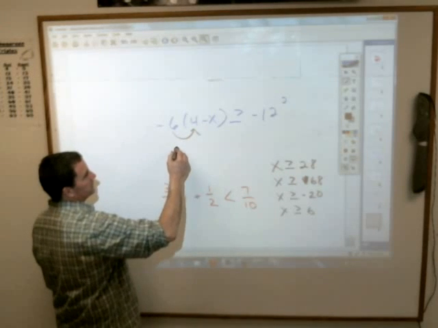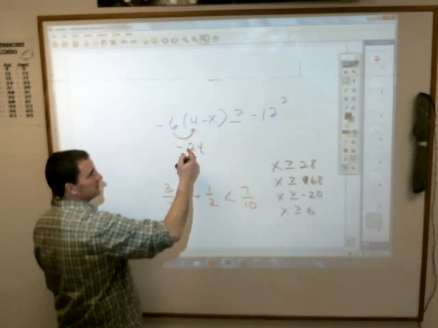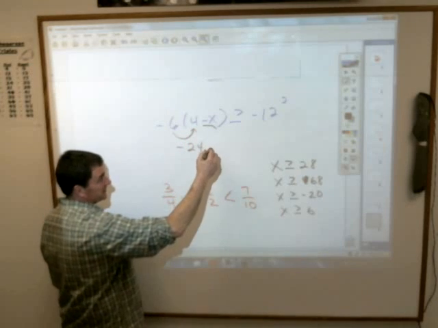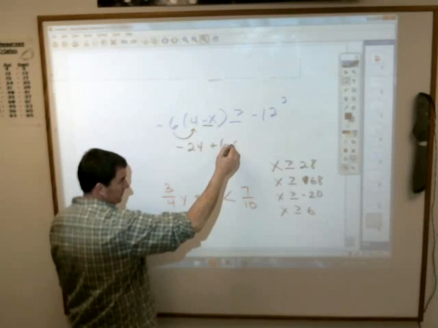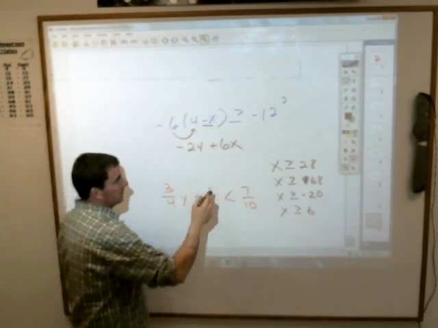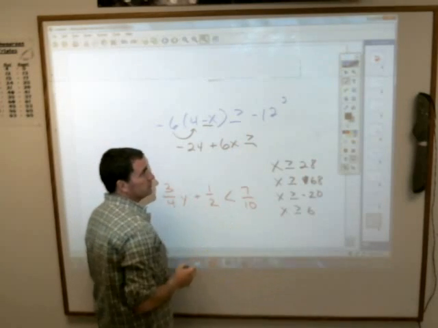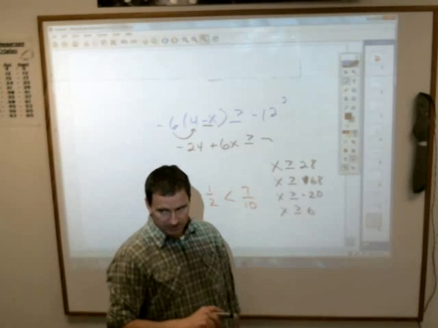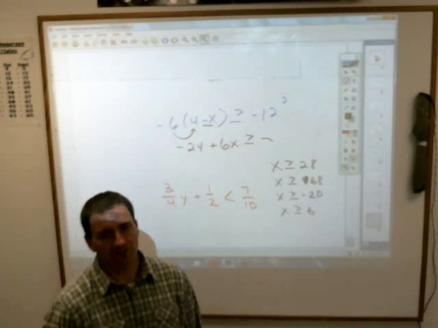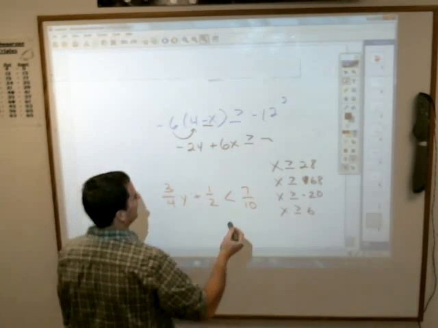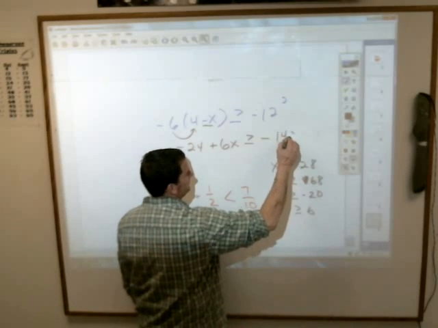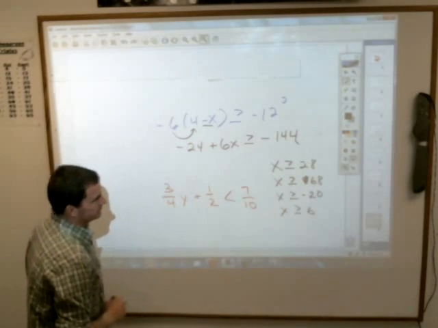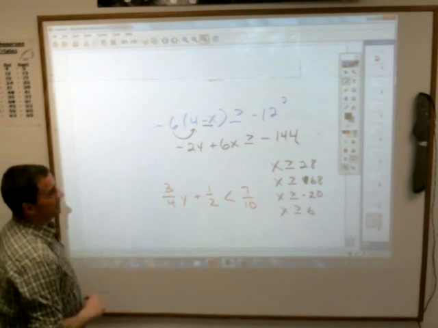Negative 6 times 4 is a negative 24, correct? Negative 6 times a negative x is a positive 6x, correct? And that is greater than or equal to negative. The negative doesn't get squared because it's not in parentheses. I hope you're still not doing that. That's the oldest thing since whenever. 12 times 12 is 144. Okay.